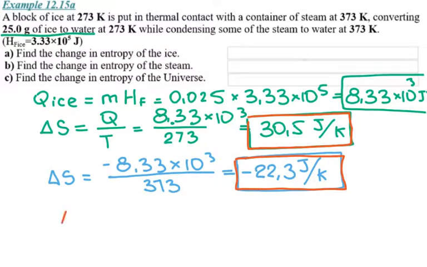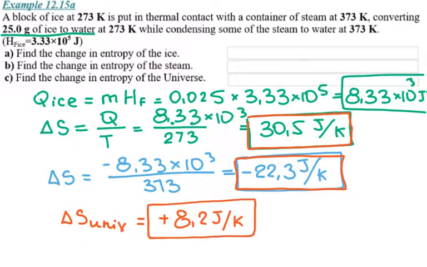So the total change of entropy in the universe after the steam melted the ice is positive 8.2 joules per Kelvin. It's the difference between those two. And this just shows you that the entropy of the universe is always increasing, as it must in all natural processes.